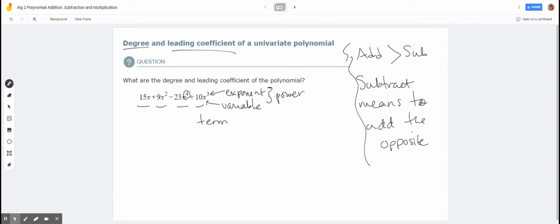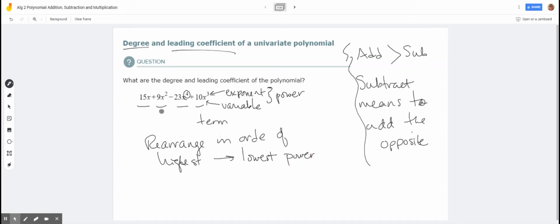So what we do is we rearrange these in order of highest to lowest power. This becomes negative 23x to the fourth plus 10x cubed plus 9x squared plus 15x to the first.